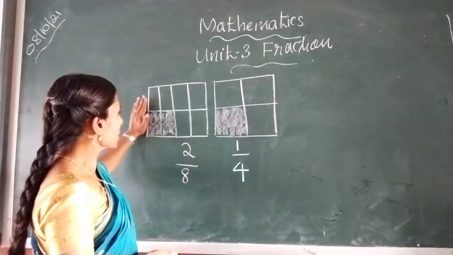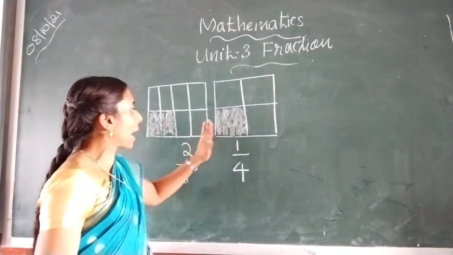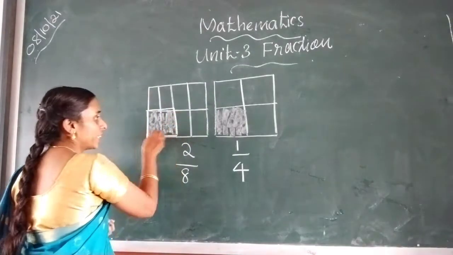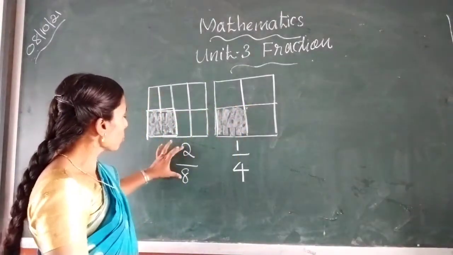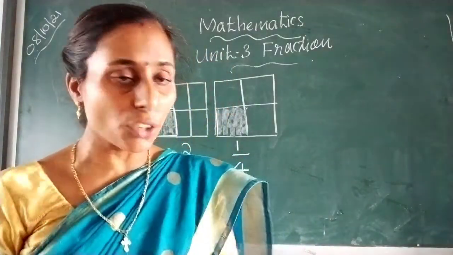Here see, if we see the shaded part, these are equal. Both are equal. The area of both shaded parts are equal. So from here we can say 2 upon 8 and 1 upon 4 are equivalent fractions.